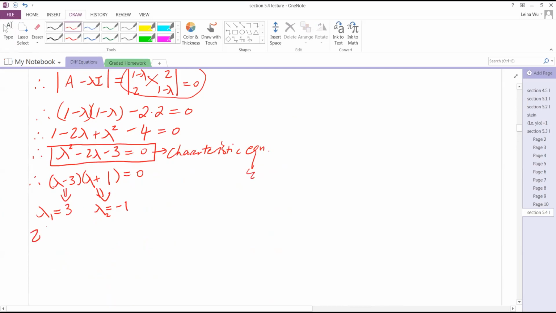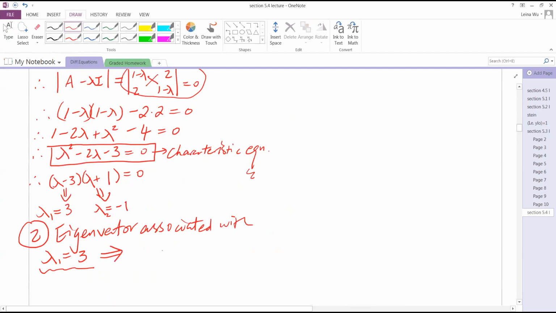All right. First of all, let's do the eigenvector associated with lambda 1 equals 3. So we're going to work on the eigenvectors related to eigenvalue 3.